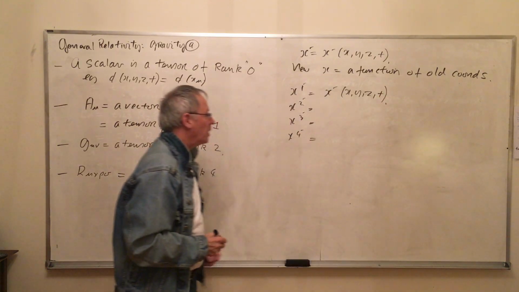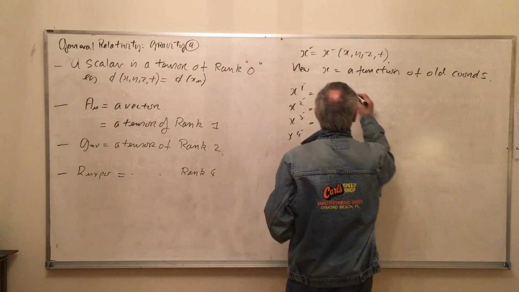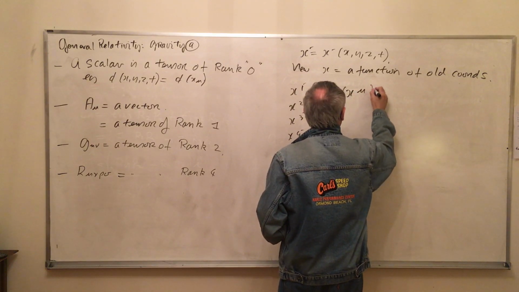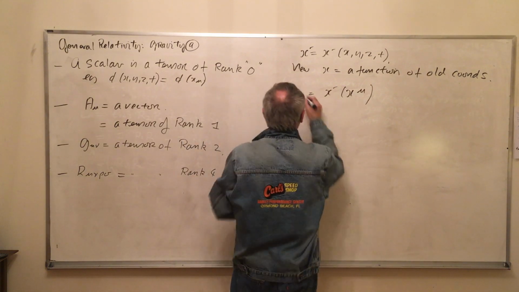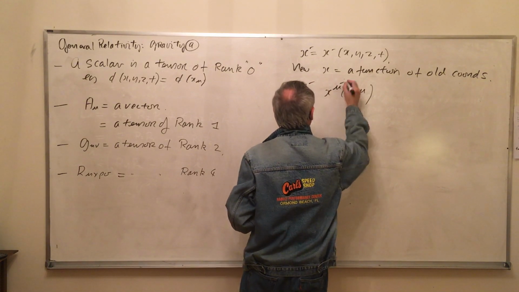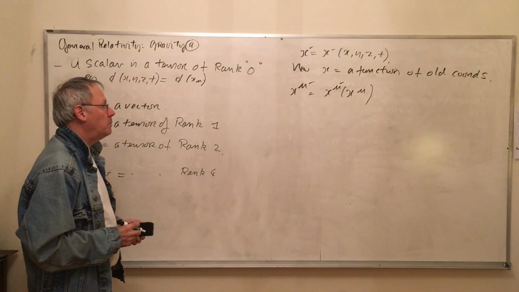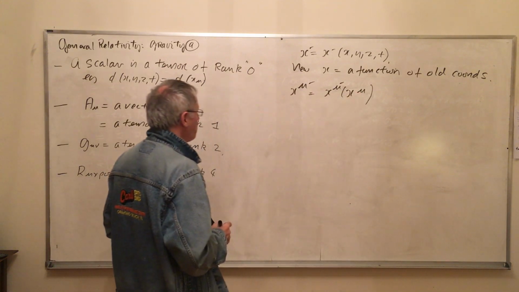Each one is a function of the old coordinates, and we'll shorten our notation. x mu dash is a function of x mu old. Okay?